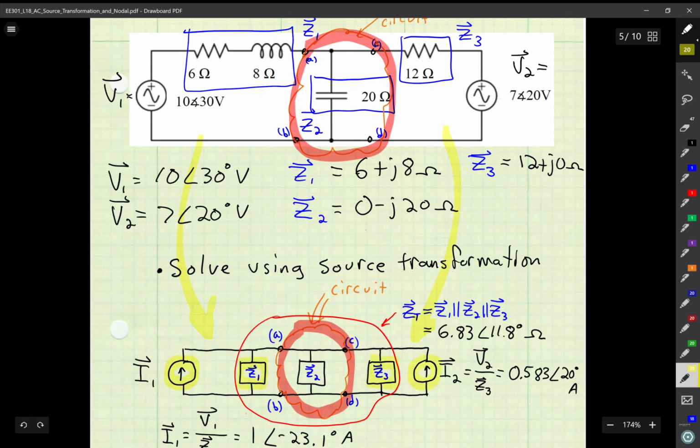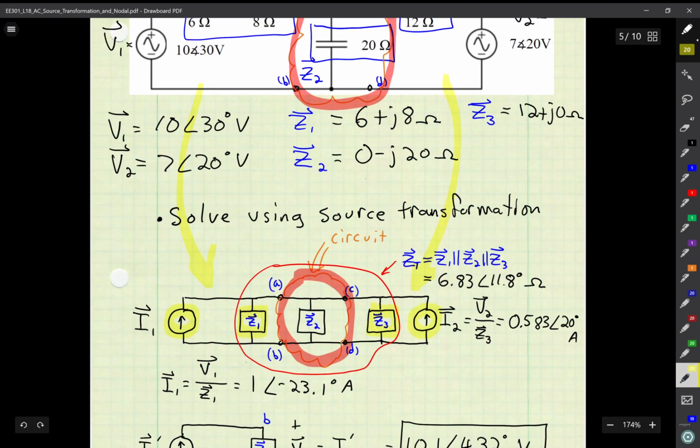Okay, and I've gone ahead and calculated what I1 would equal. That's V1 over Z. So this is my current I1 in that source transformation, and my current I2 is shown here. Well, now I have two current sources with three impedances in parallel.